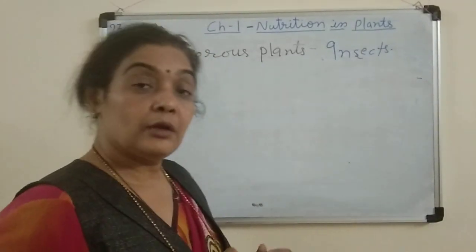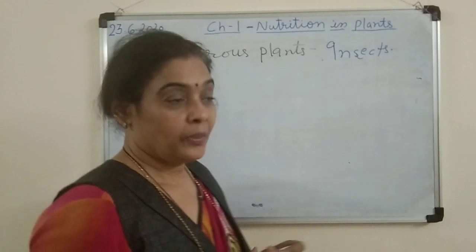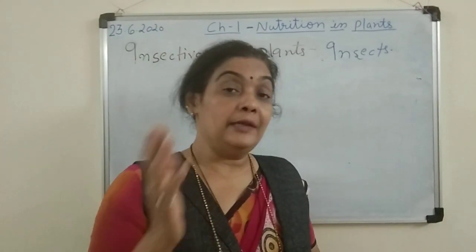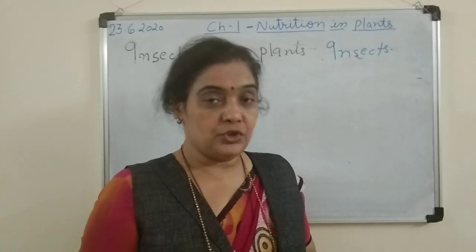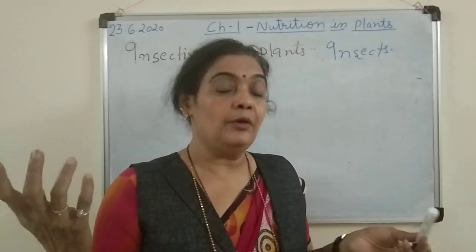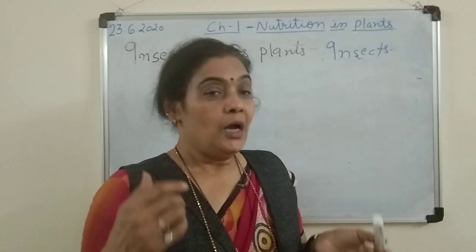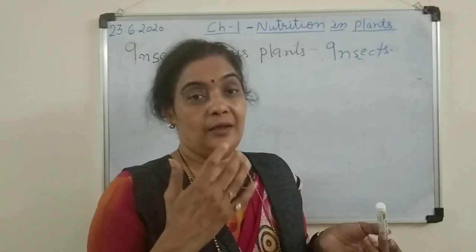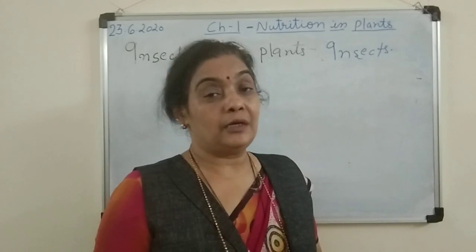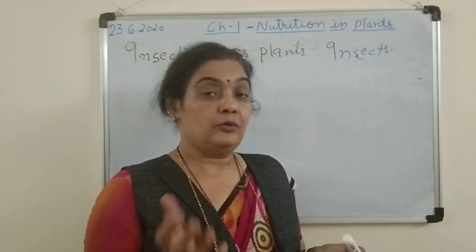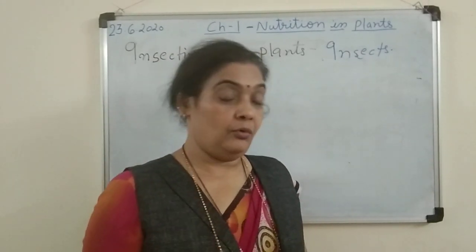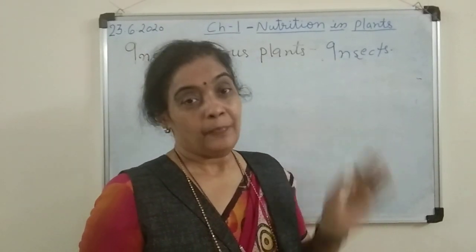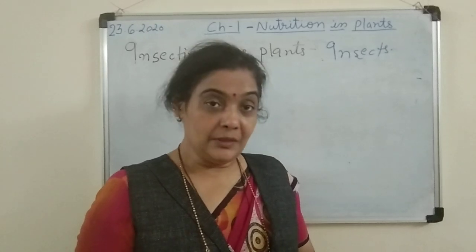Why do they feed on insects? Because they have to take an additional amount of nitrogen for their growth and development of the body. They manufacture food, but they cannot manufacture that much, so to fulfill the additional amount of nitrogen, they eat insects.